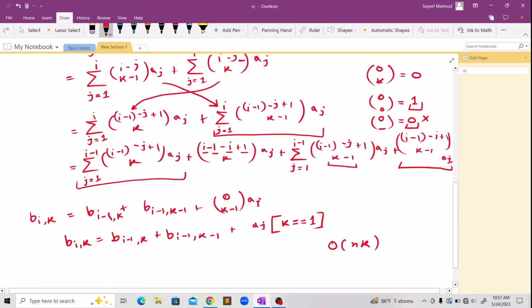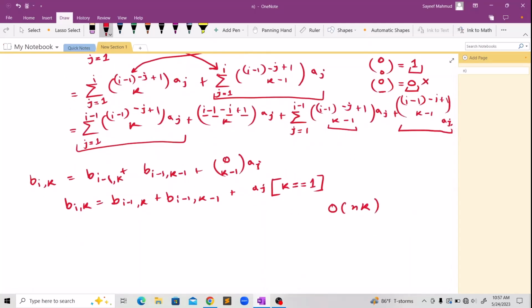So to solve this, we just need to figure out the base cases. The base cases are also pretty easy to figure out. So let's say the base cases are B of I, 0 and B of 0, L. Let's write the formula of B of I once again.